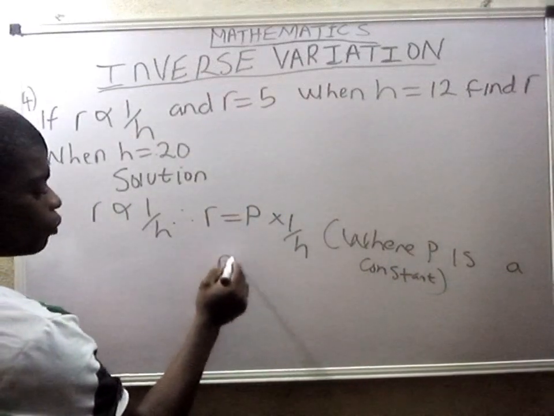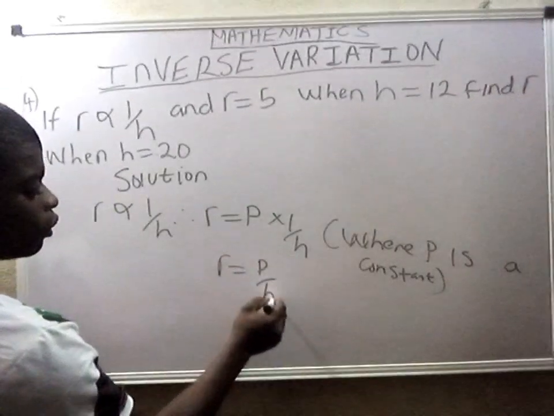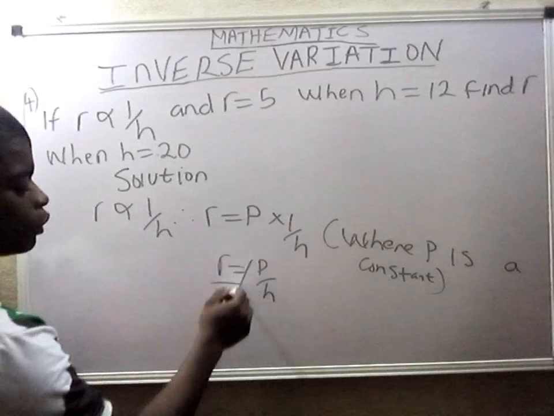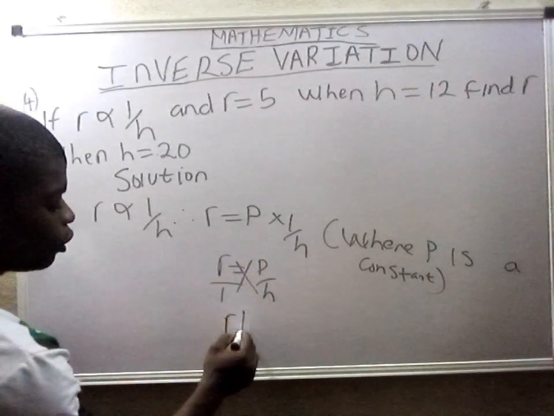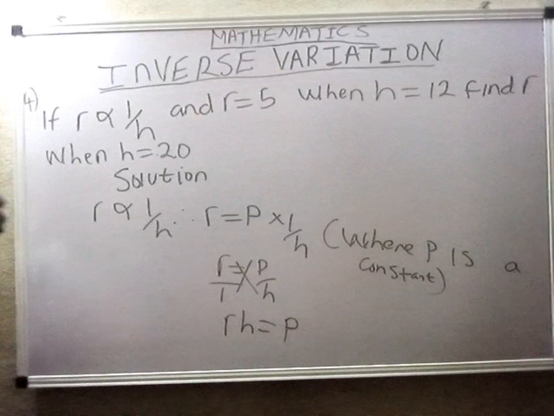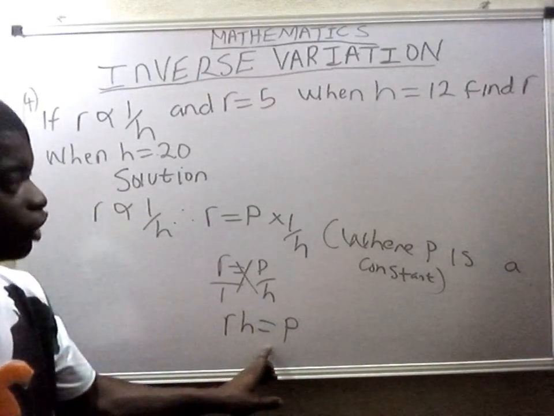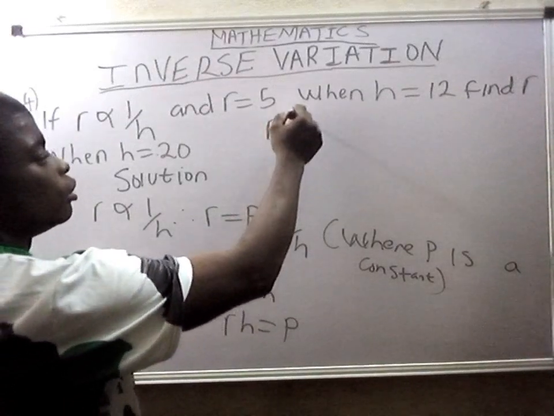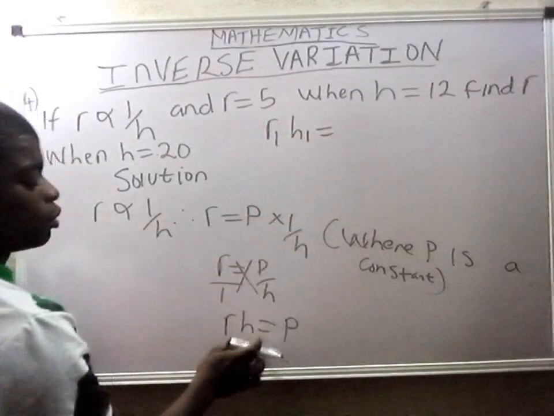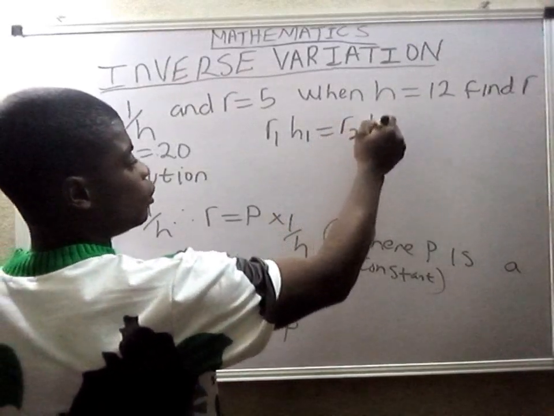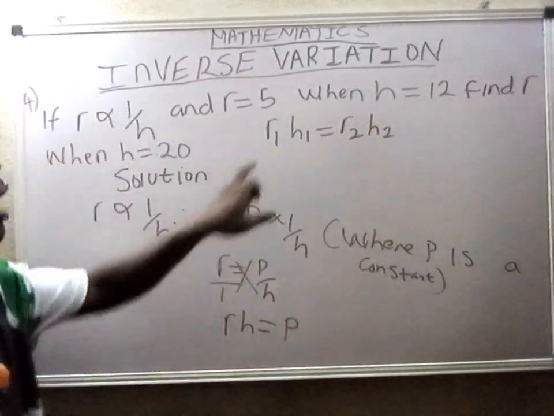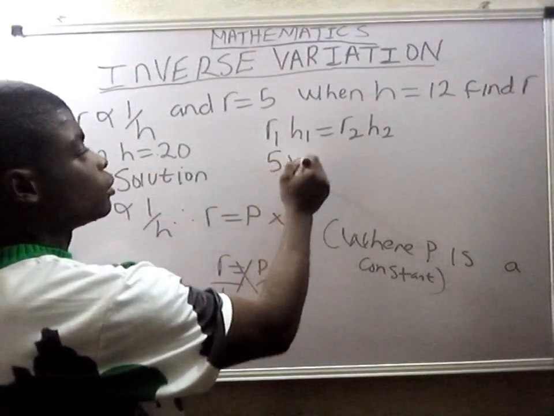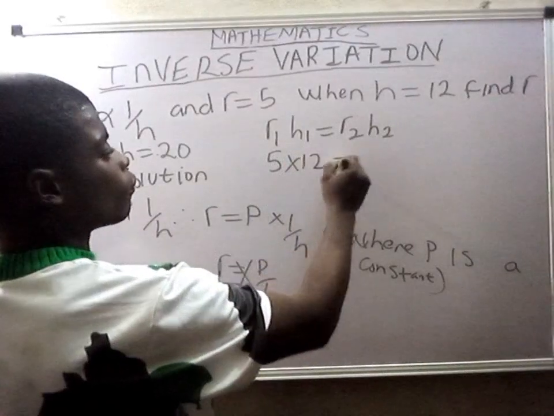So arrow equals p over h. Let's make p the subject of the formula, we cross multiply. So arrow h equals p. We have two values for arrow and h, so we have arrow 1 h1, arrow 2 h2. The value for arrow 1 is 5 times h1 is 12.